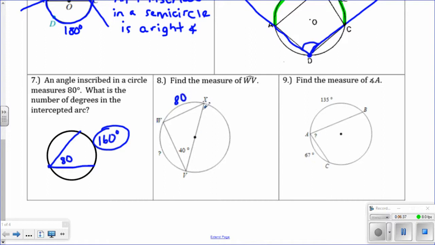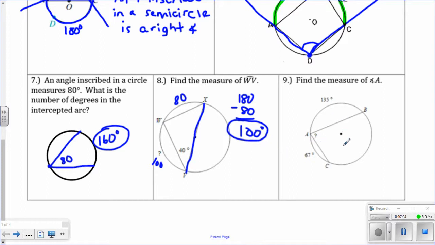And you can tell because this chord goes through the center of the circle, this is really a diameter, so it's splitting the circle in half. So that means that this entire arc here is 180. So if I just do 180 degrees, I subtract the 80 that we have, and you get 100. Again, there is a different way to do it using the triangle. I just didn't happen to do it that way.